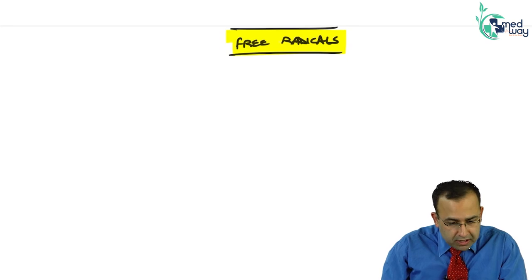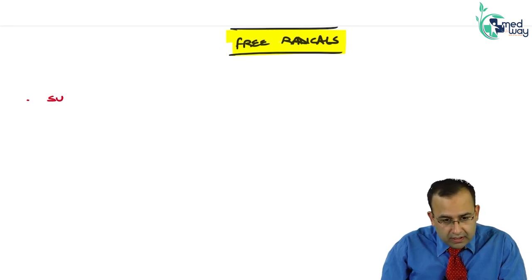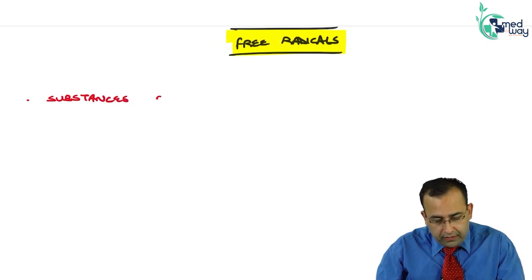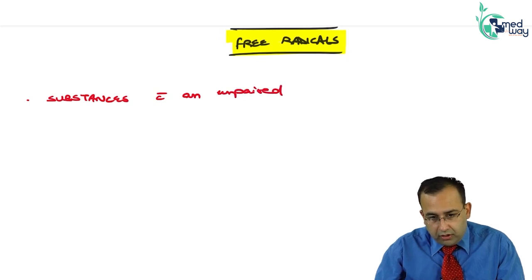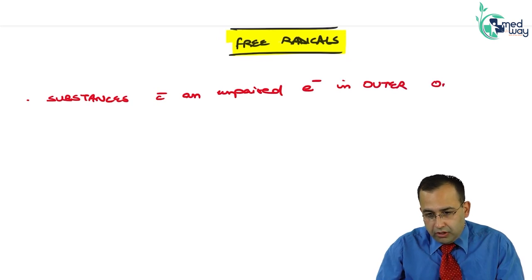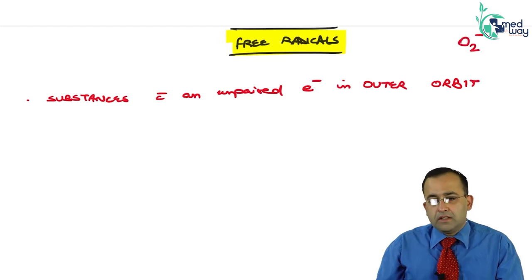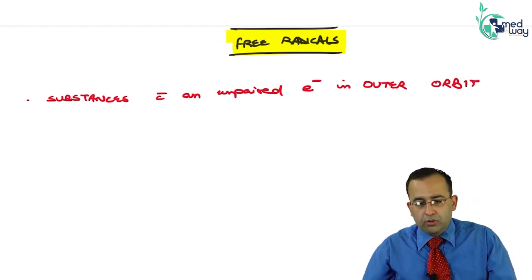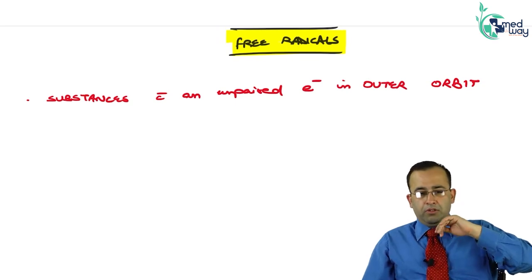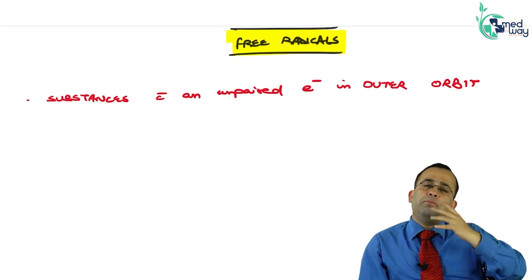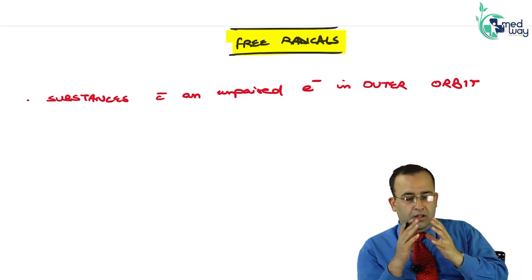Free radicals, like O2 minus superoxide anion, are substances with an unpaired electron in the outer orbit.